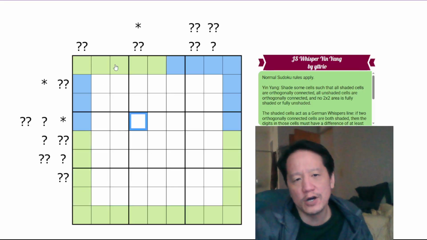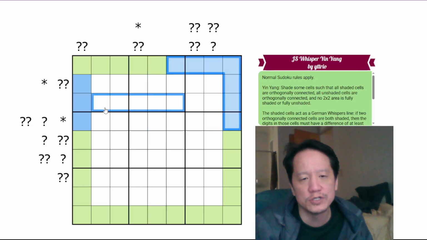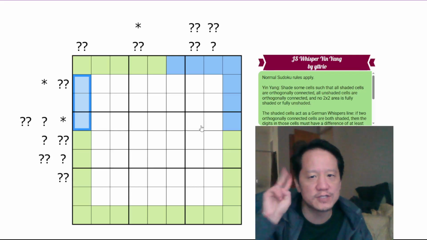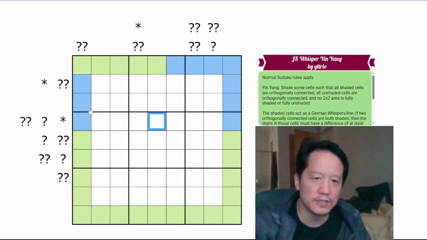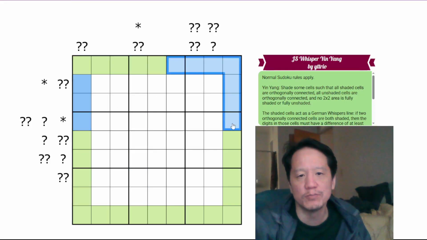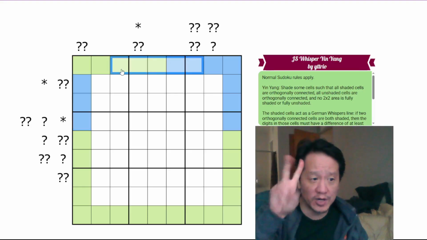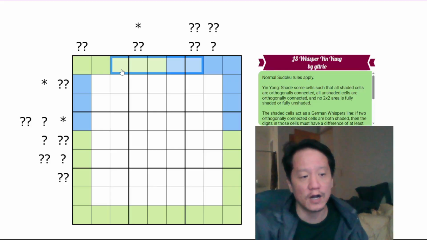How do you orthogonally connect the green regions without making the blue regions break into two different segments? And the answer is you cannot. If you try to orthogonally connect the green regions, this will necessarily break the blue regions into 2 segments. So that's why you can have, at most, 2 changes of shades in a yin-yang shading.